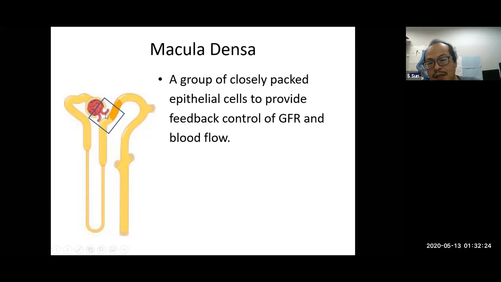Then it will trigger the release of renin. Or this region detects our sympathetic activity, and it will also trigger the release of renin. So that's a region that's like the urinary system sending signals to regulate our cardiovascular system.